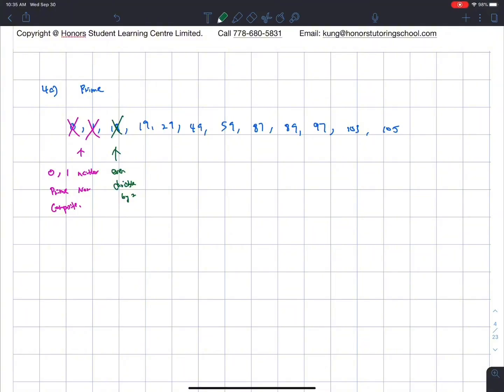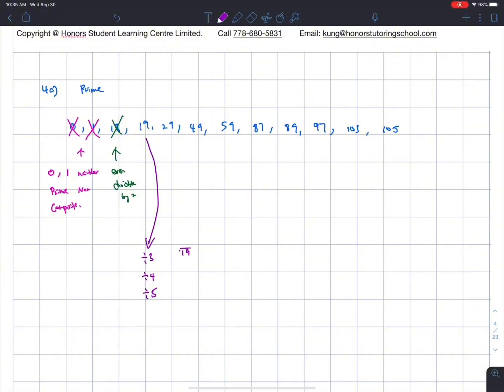Now, for 19, I'm just asking myself, can I divide this by, well, I already know it's not divisible by 2. So I can try 3, and if you do the calculation, you should see that it's not divisible. And then I'll try 4, and I'll try 5 as well, and they're all not divisible.